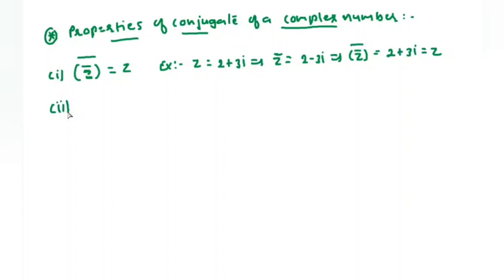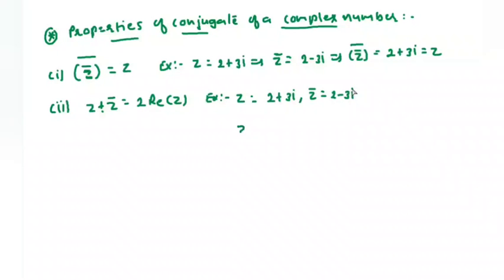Second, we have z plus z bar is equal to 2 into Re z. Here Re z means the real part of z. Okay, let us check through example. If z is given to be 2 plus 3i, then z bar will be 2 minus 3i.